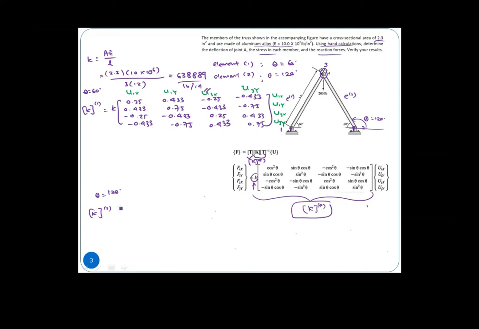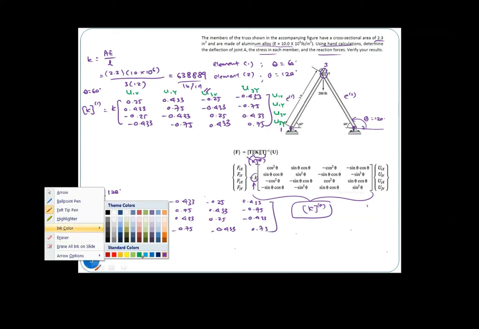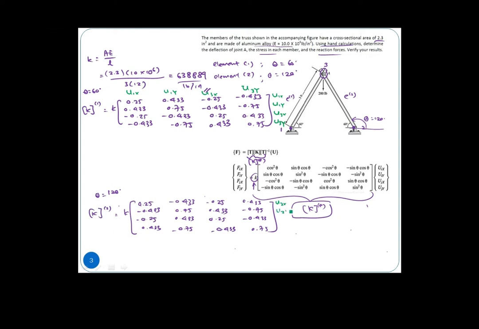For element number 2, the stiffness matrix is 0.25, negative 0.433, negative 0.25, 0.433; negative 0.433, 0.75, 0.433, negative 0.75; negative 0.25, 0.433, 0.25, negative 0.433; 0.433, negative 0.75, negative 0.433, 0.75. Again, it refers to U2x, U2y, U3x, U3y.